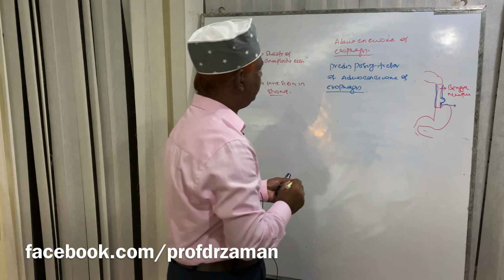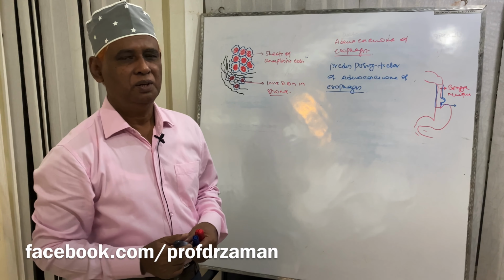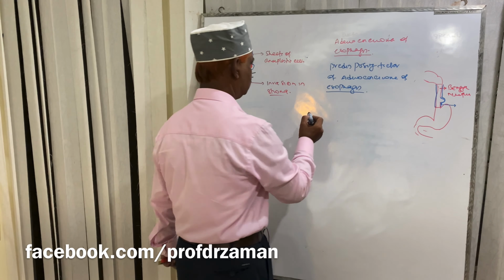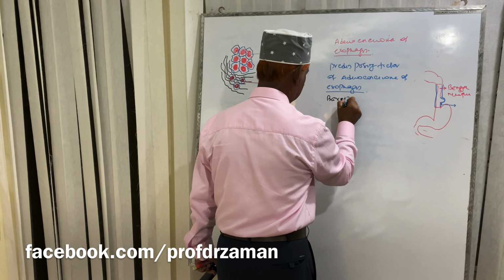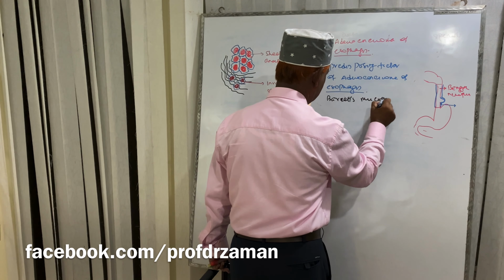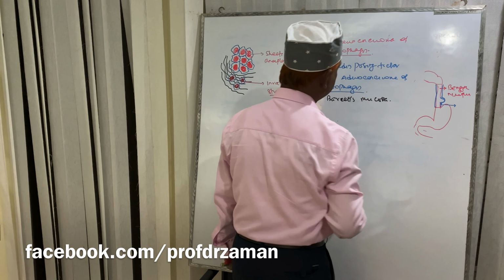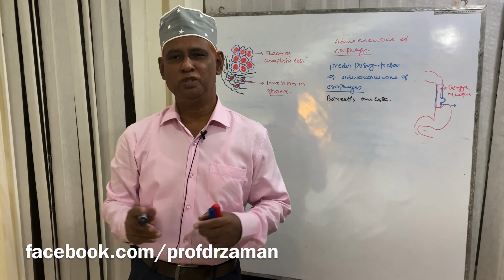The predisposing factor is Barrett esophagus or Barrett mucosa. Barrett's mucosa or Barrett esophagus is the predisposing factor of adenocarcinoma of the esophagus.